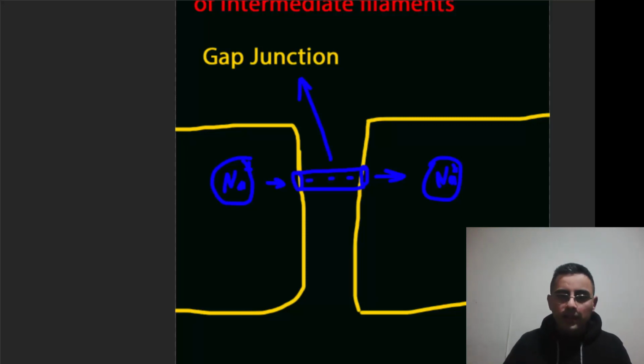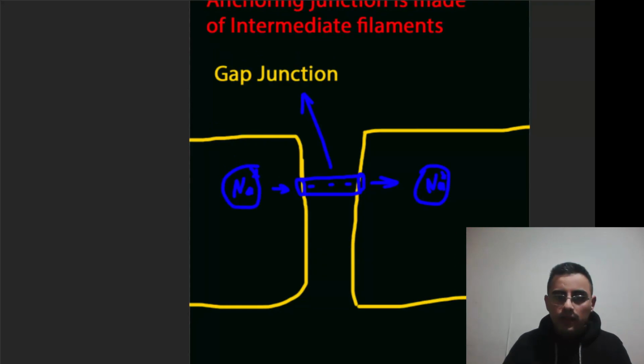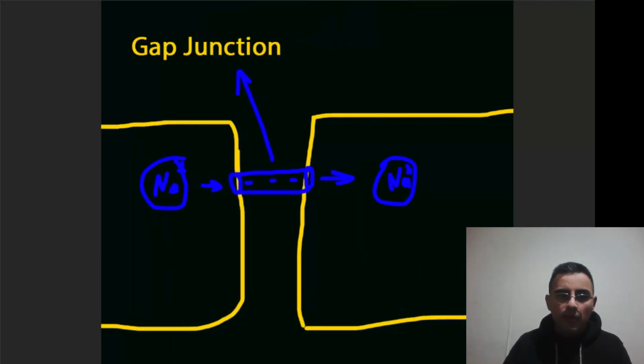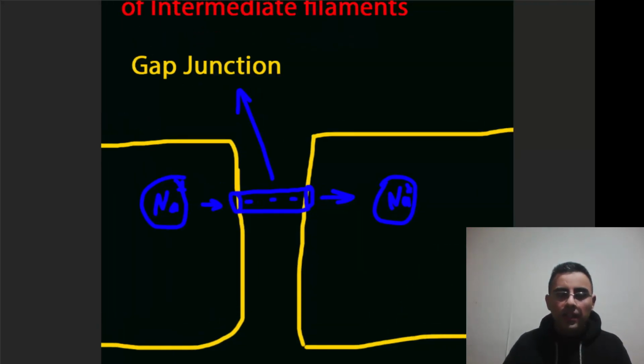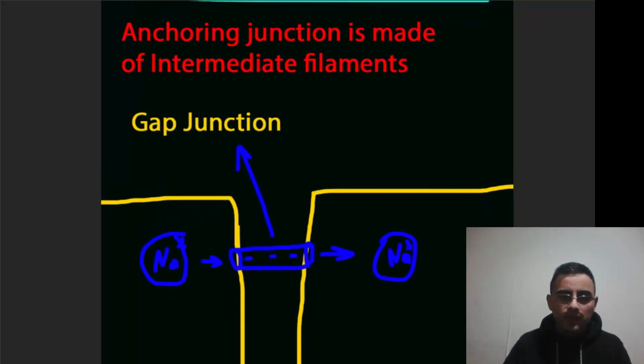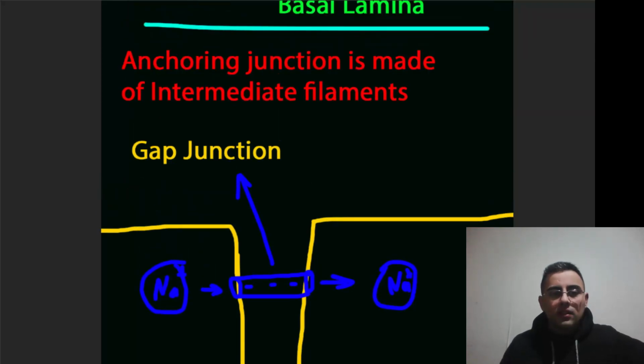I think it's very easy, and this type of junction is not represented by a cytoskeletal structure, neither microfilaments nor intermediate filaments.